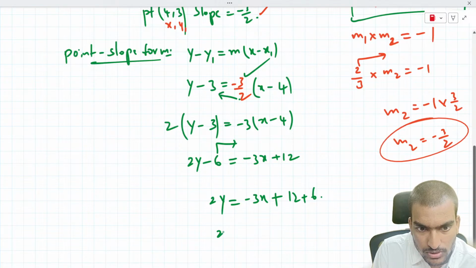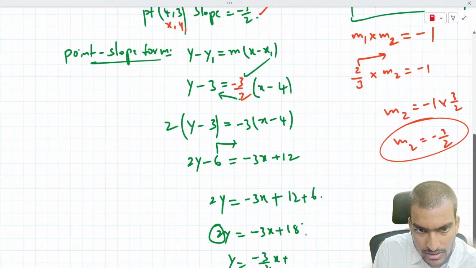So that's going to be 2y equals -3x plus 18, and again y equals, sending this 2 to the RHS, -3 by 2x plus 18 by 2, which is 9 directly.